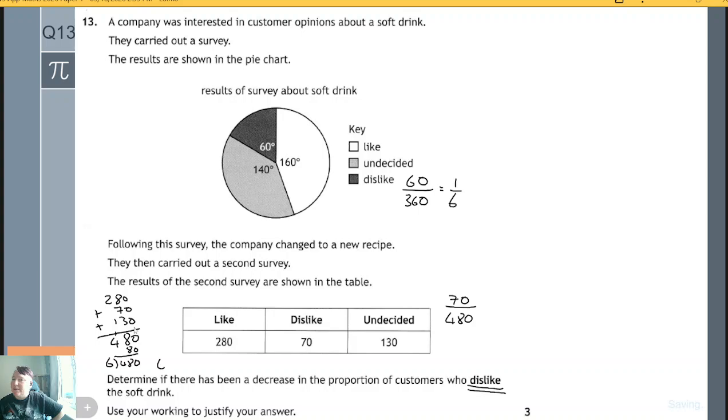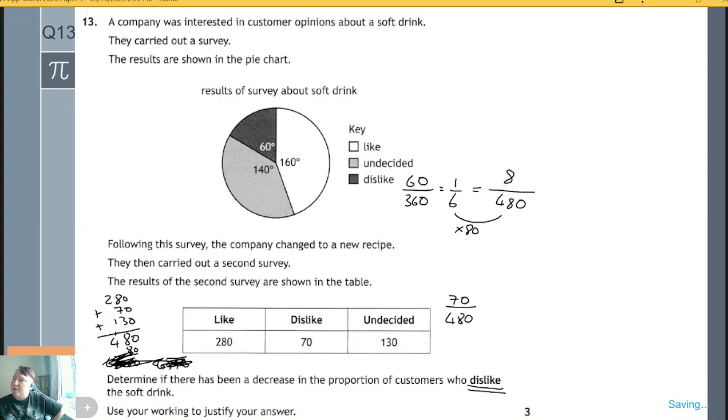Right, does 6 go into 70? Not really. Probably easier to scale up than to scale down then. Right, okay. So I need to do 80 times this to get it to scale to this. So 6 goes into 480 is 80 times.